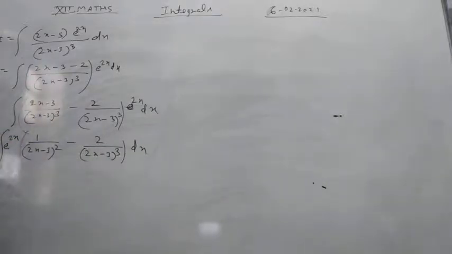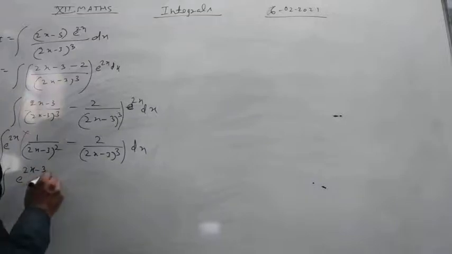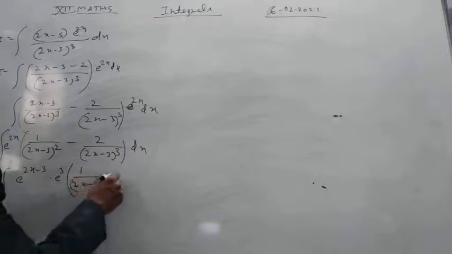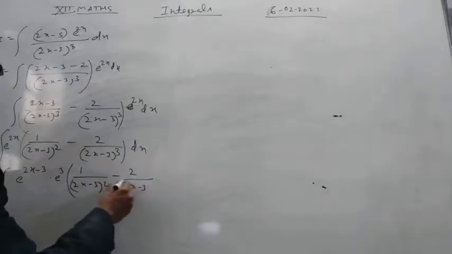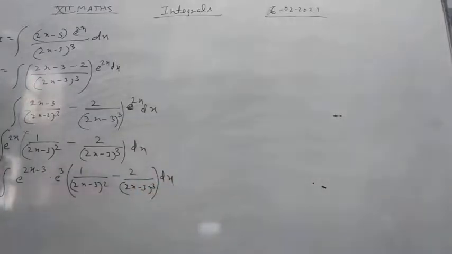Now we are making this part, writing e cube into e to the power (2x minus 3), 1 by (2x minus 3) whole square minus 2 by (2x minus 3) whole cube dx.